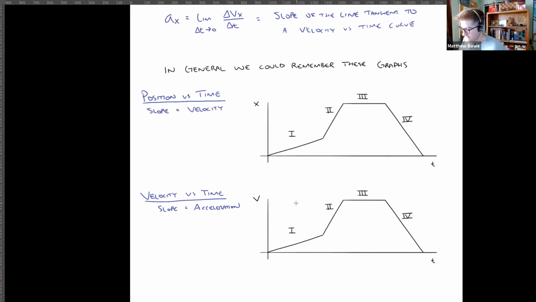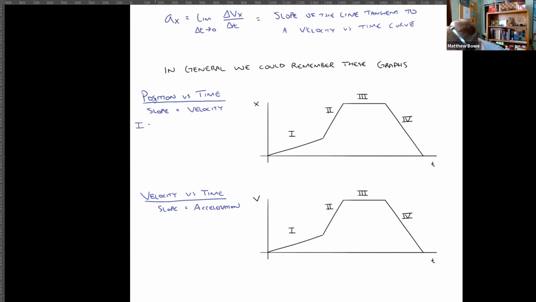So let's look at just the top example now. Okay, so let's look at each section. So for section 1, on this position versus time graph, we can see that the position is changing over time.